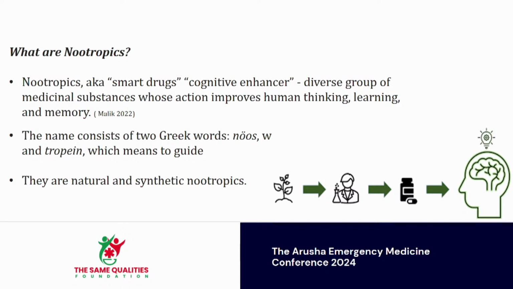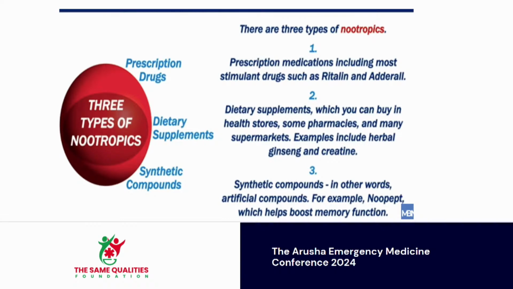So as I said, nootropics are smart drugs. I found out there are actually three types. There are the ones that can be prescribed by a physician, there are supplements that we use every day, and then there are ones that are just synthetic compounds. Prescription ones are like Adderall. It's used for ADHD, we know, but apparently it can also be a nootropic.